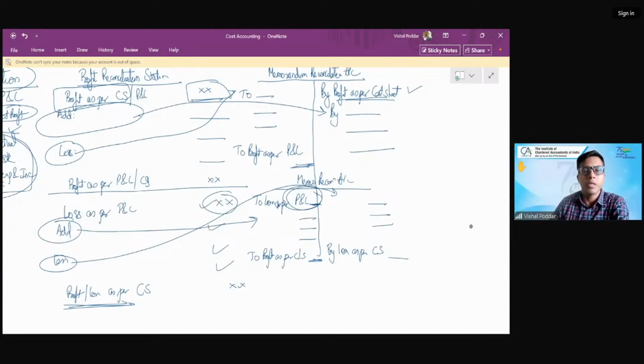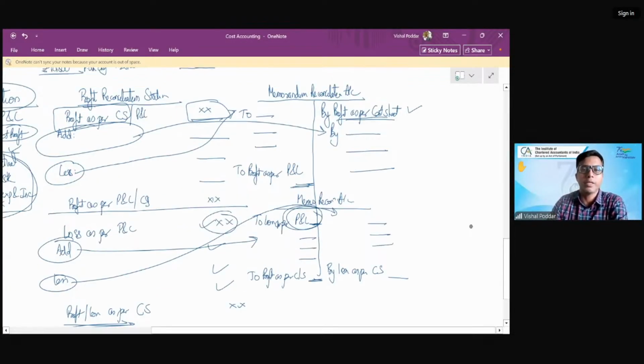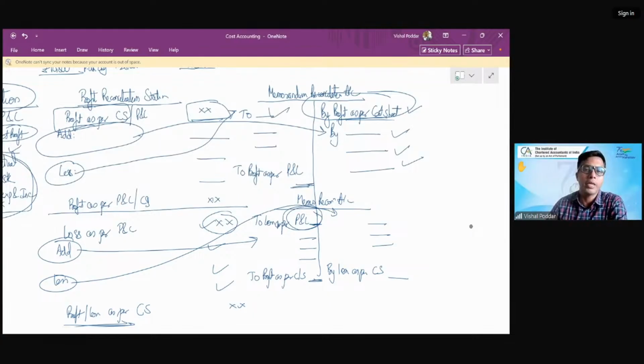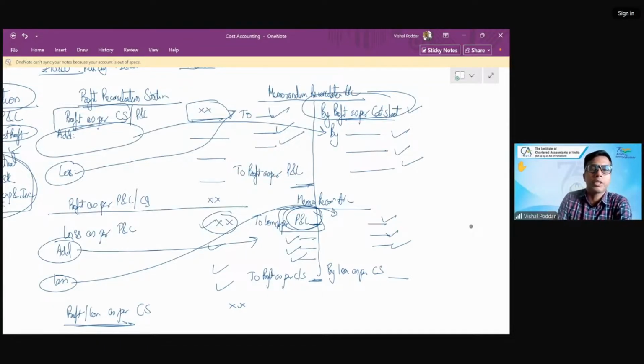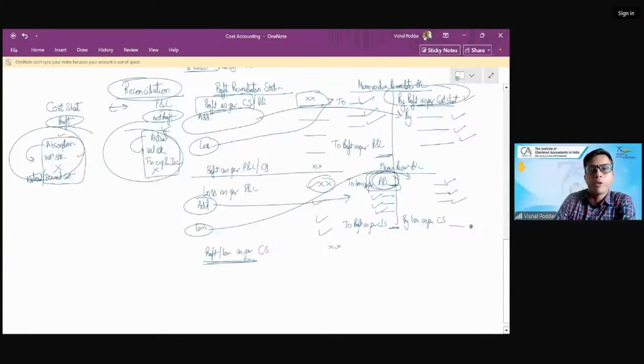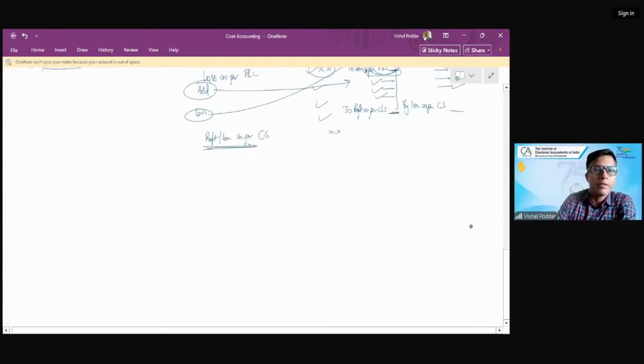But in case of reconciliation, the first balance, if it is profit, it should be put on the credit side and then add on the credit side and less on the debit side. If it is loss, you put it on the debit side and then add will come on the debit side and less items will come on the credit side. So just keep this difference in mind so that you are through with the format and the final answer.